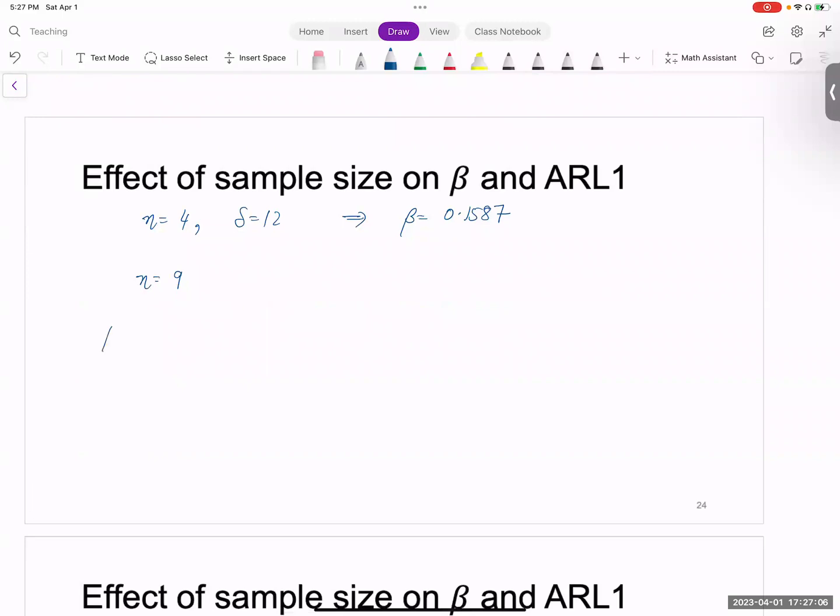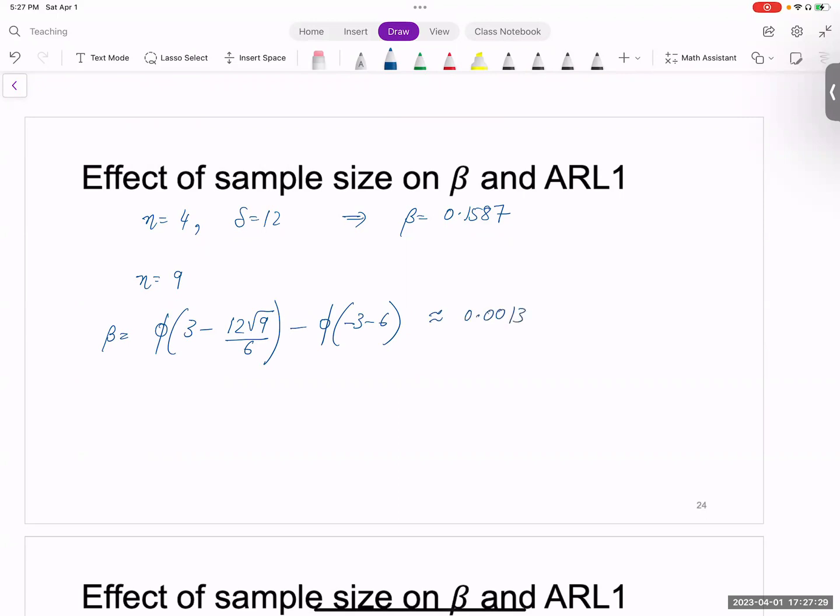So now in this case, beta is, using the same formula, phi of (3 minus delta, which is 12, square root of n, which is 9, divided by sigma, which is 6) minus phi of (negative 3, negative 6), which is roughly 0.0013.